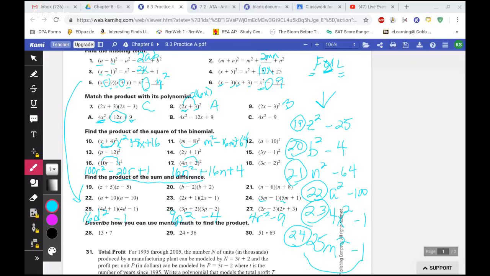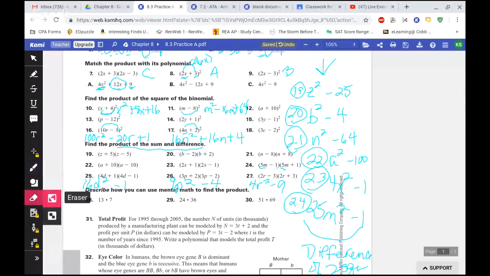Worst case scenario, like I said, if you need to, you can always go back to foiling like we did on Monday. You can always default to that. Just make sure on like 10 through 18 that you understand, like number 11, when this little square's there, it's x plus 4 times x plus 4.